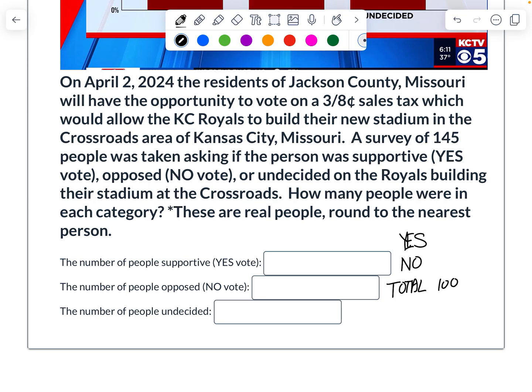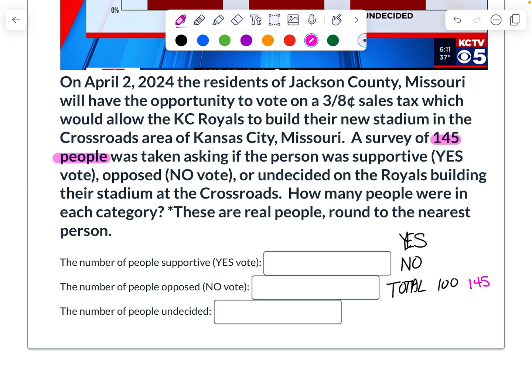A survey of 154 people. So they asked a total of 154 people. So this is a very poor sample size because there's 7,000 people who live in Jackson County. But they talked to 145 of them.